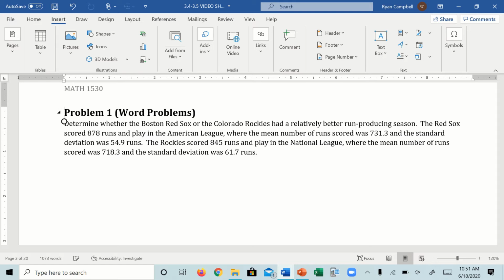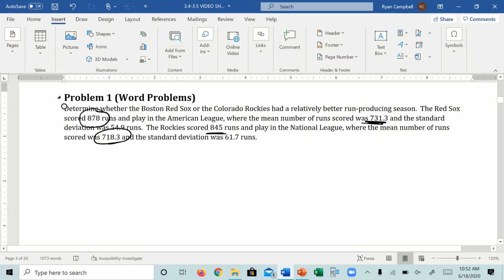So what's a good way that we could check ourselves? Well, we definitely know that the Boston Red Sox is going to have some version above average, right? And we know that the Rockies are going to be above average as well. So if we knew how far away they were, right, from the average, that could tell us who did better.